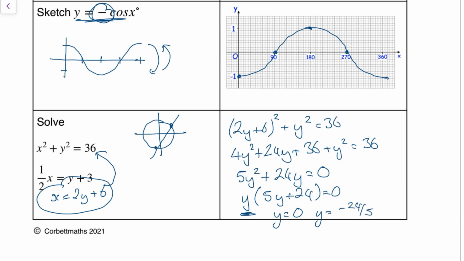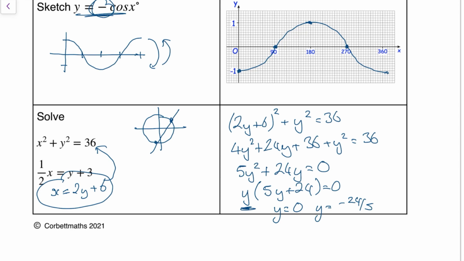Wow, okay. Now, I'm going to delete some of these x's here. I'm then going to use this equation here to work out what my x values are. So if y equals 0, x is equal to 2 times 0, which is 0, plus 6, which is 6, which means my first answer, I'm going to write them here, is going to be 6, 0.